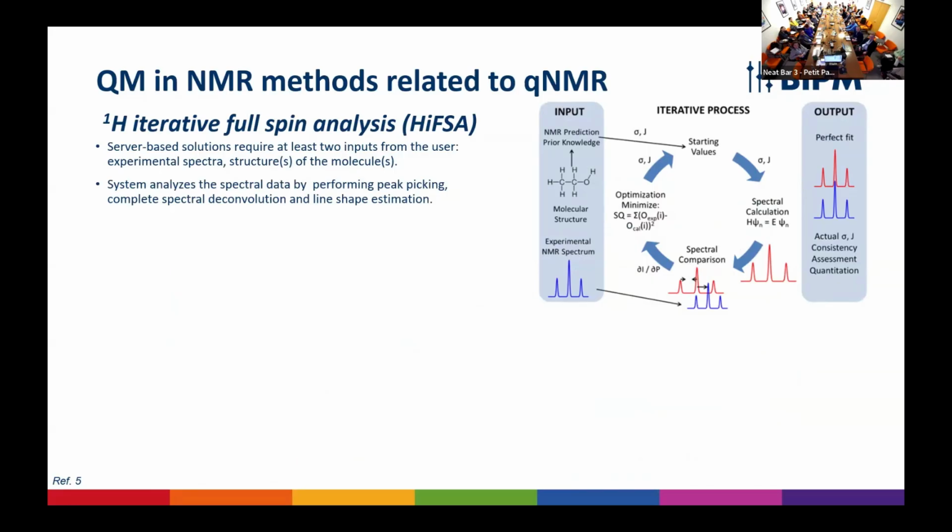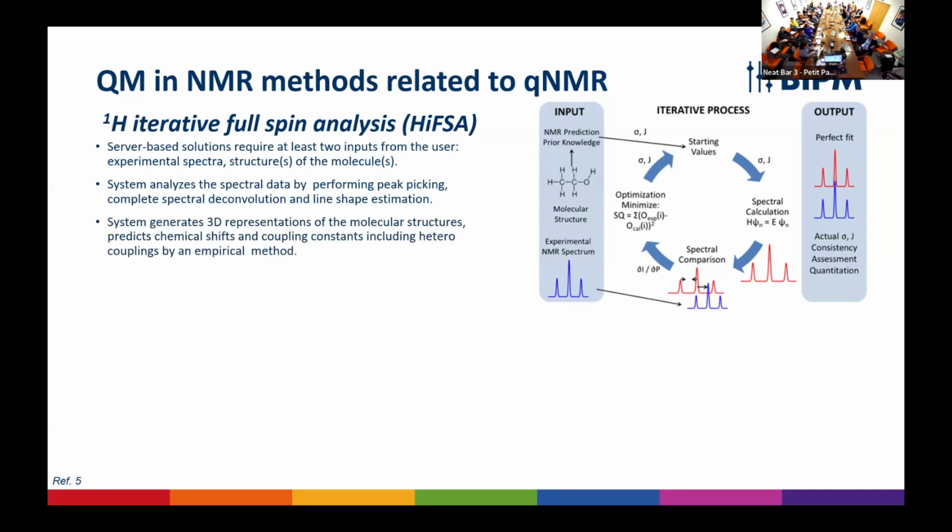These are all done by potentially different models or algorithms used by the different software packages. This can also generate a 3D representation of your molecular structures for visualization purposes, and allows you to look at your chemical shifts and coupling constants, again derived from the quantum mechanical methods.